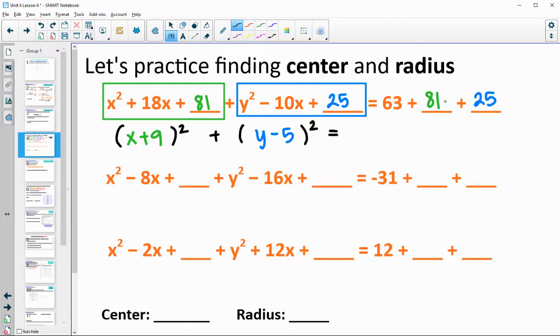And then we can just combine all of these terms. So just do 63 plus 81 plus 25, and you get 169 over here. So what would the center of this circle be? Now we can see, what are we subtracting from x? So negative 9.